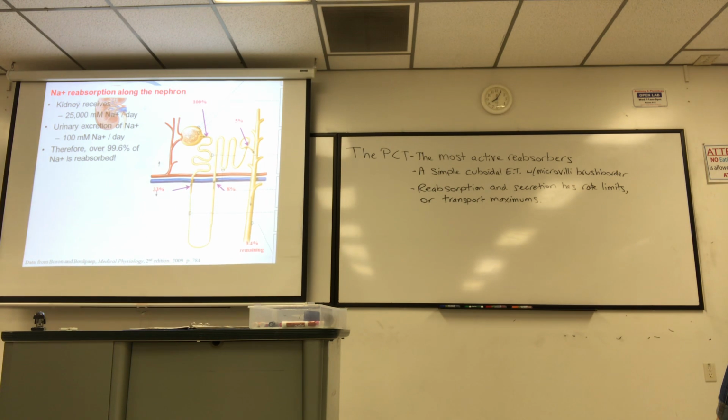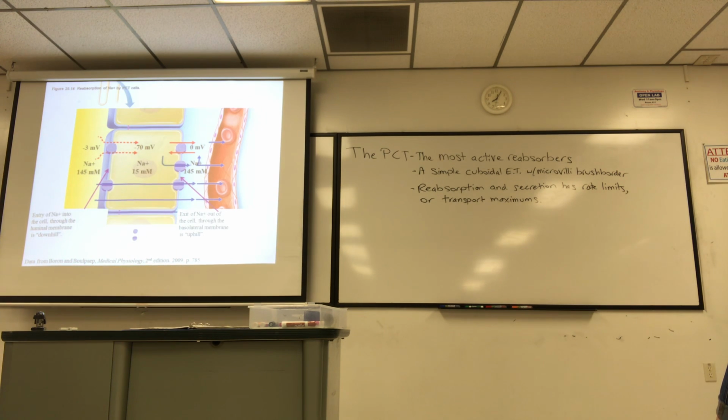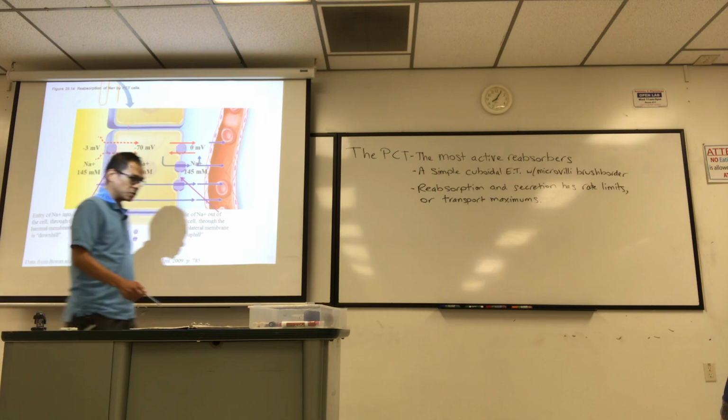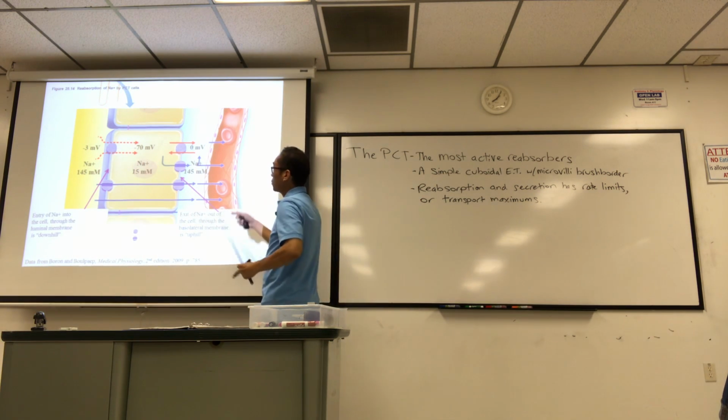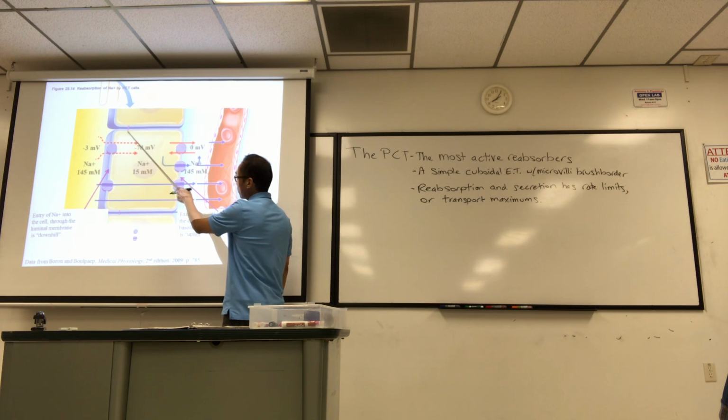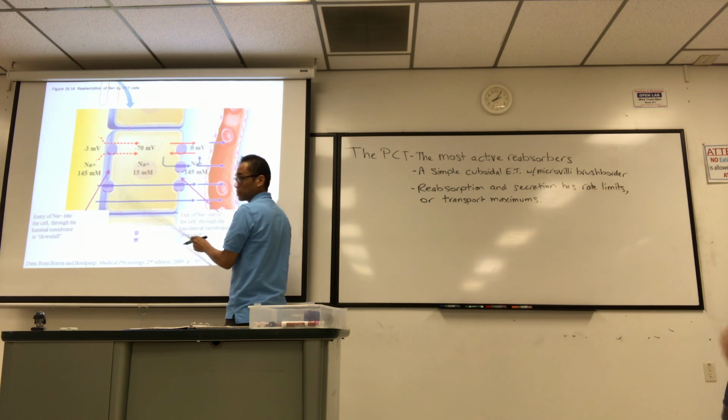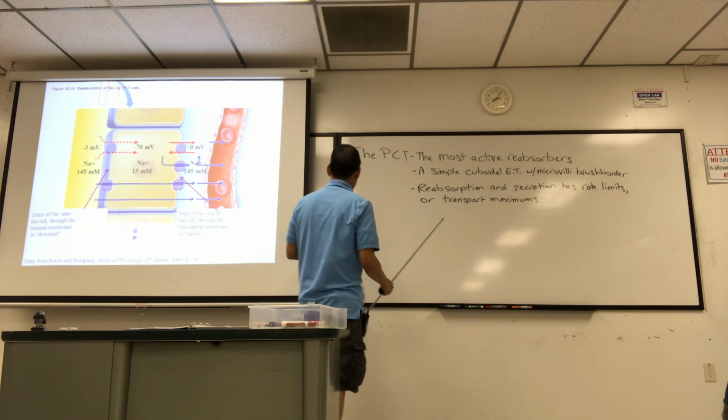Now to understand how PCT cells do it so well, understand one thing. Between PCT cells, they're stapled together. These are tight junctions. You write that down.